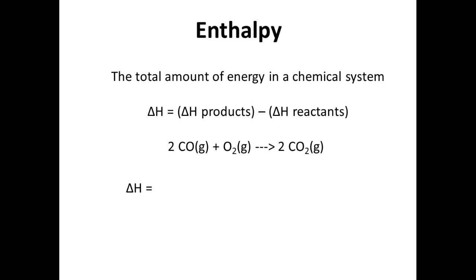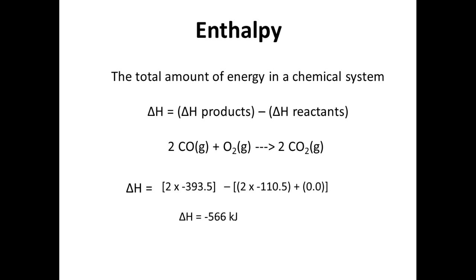So we take our change in enthalpy of our products, which in this case would be our carbon dioxide. We have 2 moles of it, so we're going to take 2 times negative 393.5, and we're going to subtract our reactants. So we said that carbon monoxide has a heat of formation of negative 110.5 and 2 moles of that, plus 0 because oxygen does not have any heat of formation.